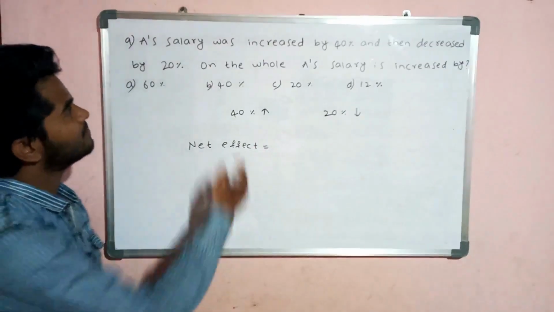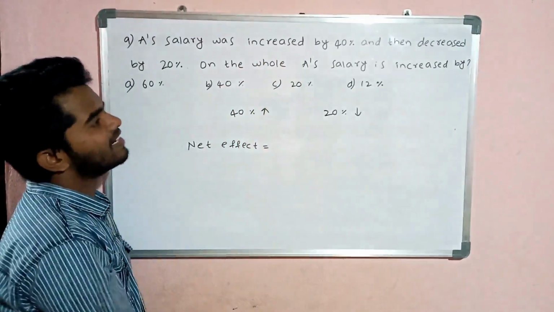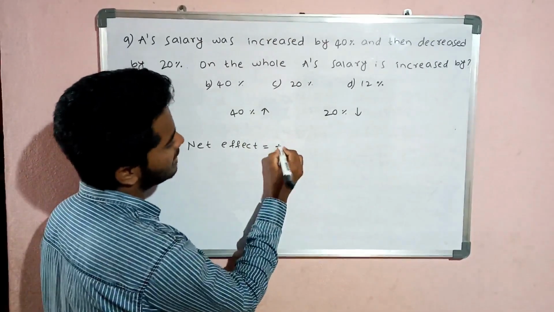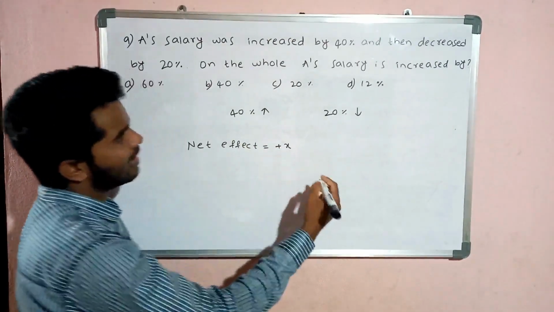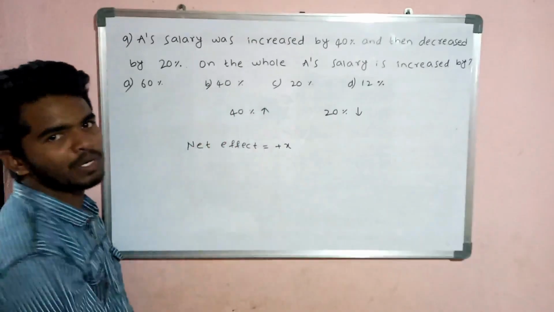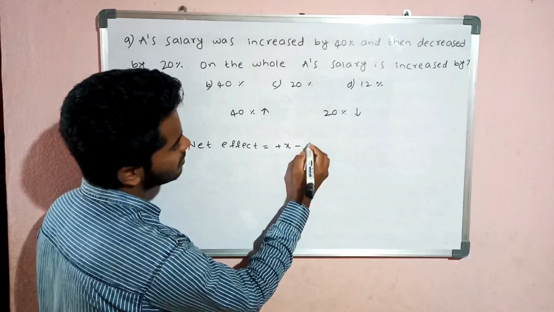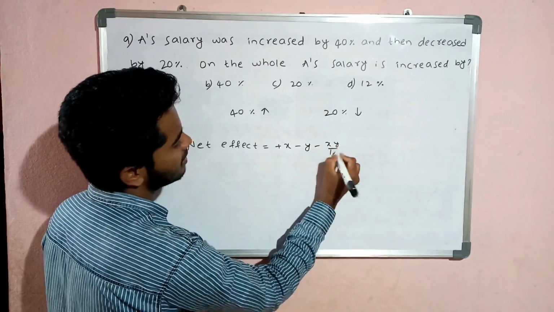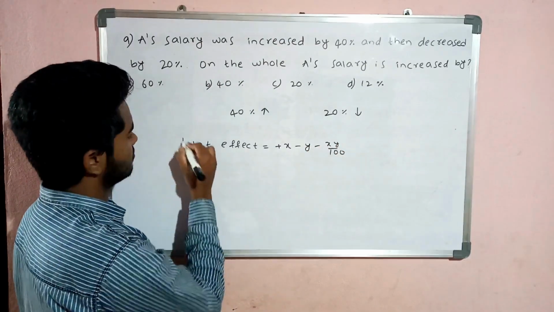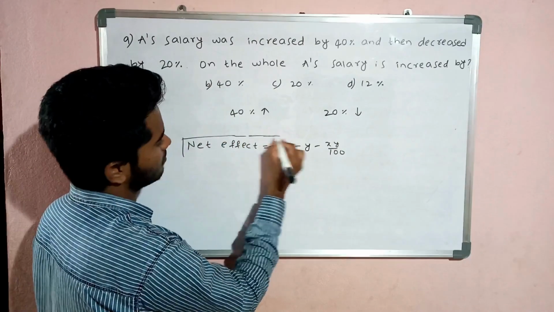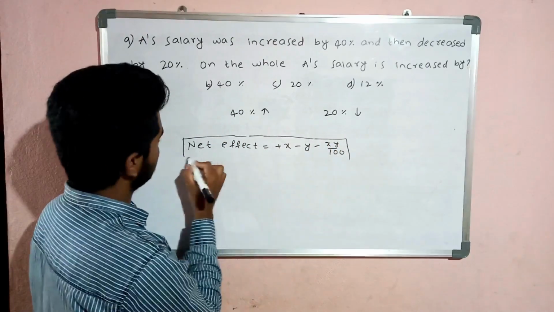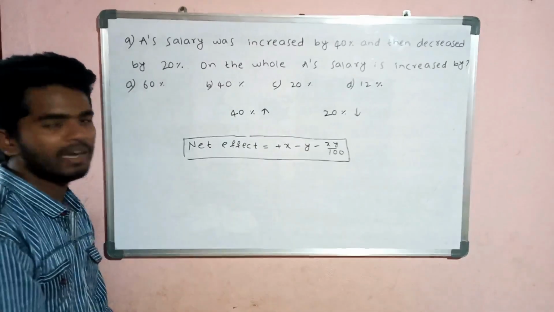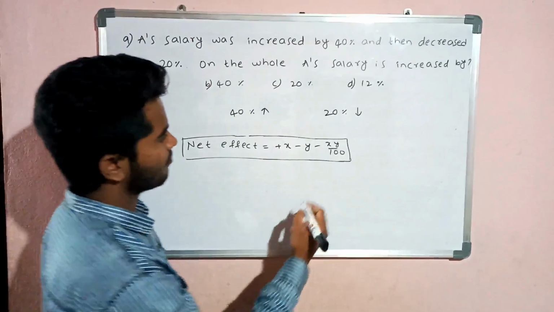Net effect: the salary was first increased by 40%, so plus X, and then decreased by 20%, so minus Y. The formula is X minus Y minus XY by 100.